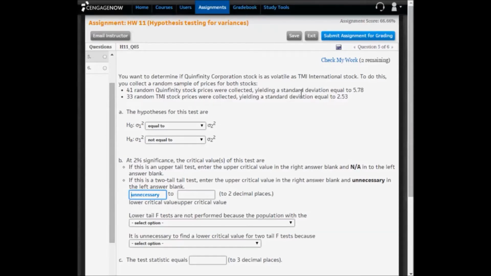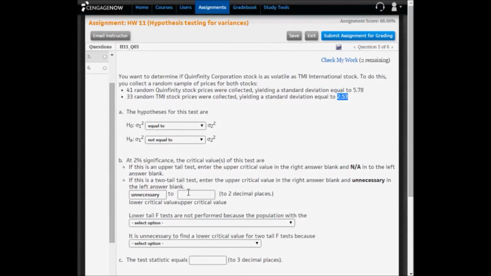Since the largest sample standard deviation is 5.78, that corresponds to Quinfinity stock price. The sample variance, this squared, for Quinfinity stock price will be put in the numerator of the F statistic. And the square of this will be put in the denominator of the F statistic.